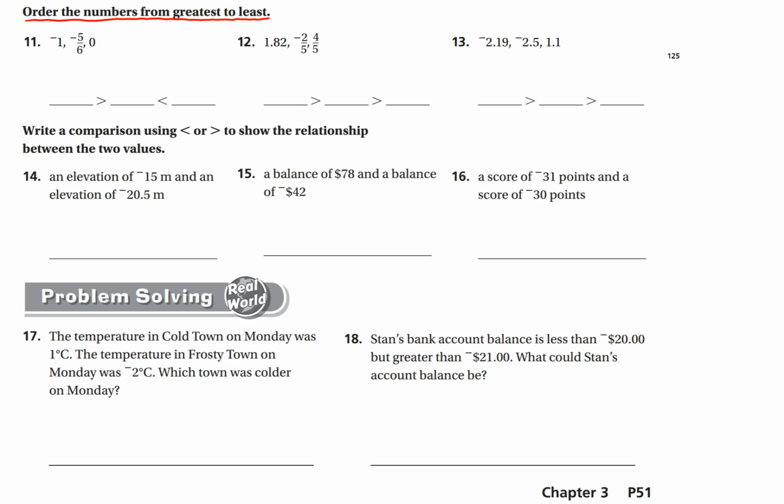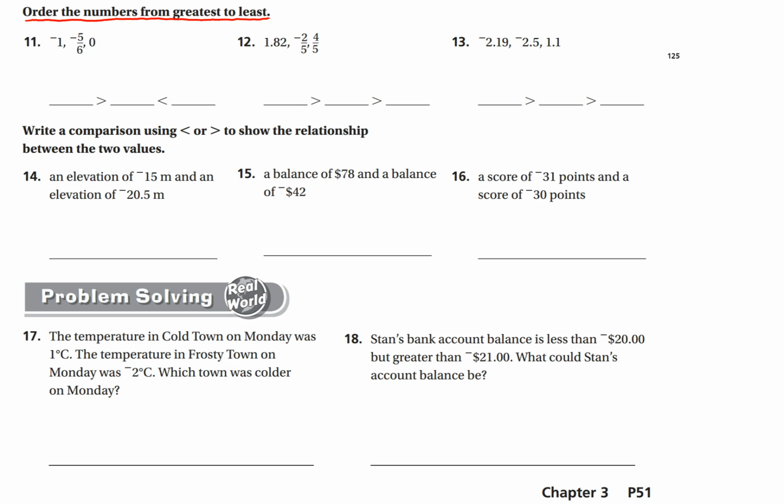So the number furthest to the right on a number line is going to be my first number. Remember, to the right is more or larger, however you want to say that. Okay, so it looks like we have a typo on number 11, at least in my edition.